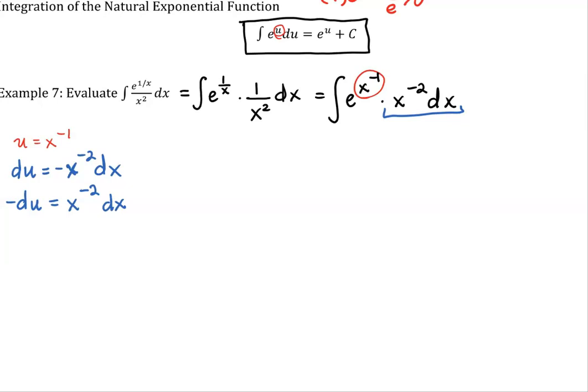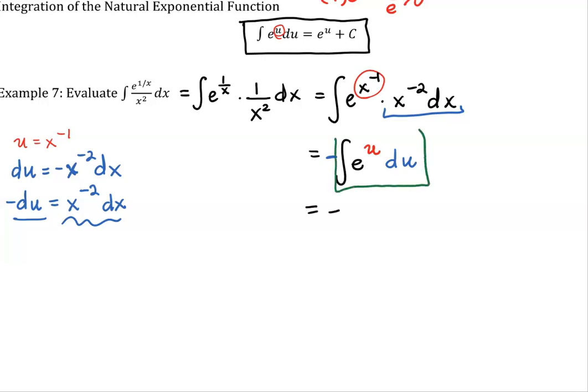So now I'm ready to come in and do my substitution. We have the integral. The e to the u is that first part of the integral. u is what's circled in red. And then what's underlined in blue, the x to the negative 2 dx, that is negative du. So I'll stick a negative out in front of my integral, and I'll stick a du at the end. I'm just bringing the negative down.